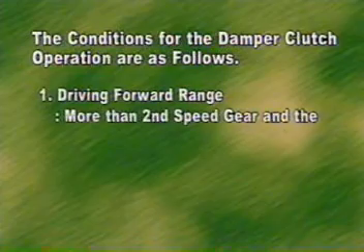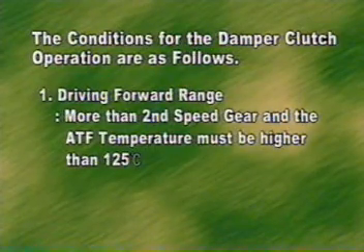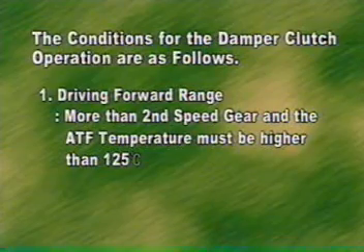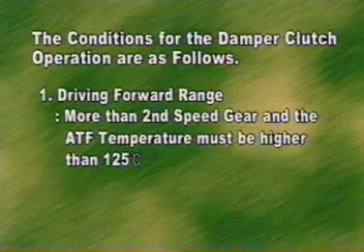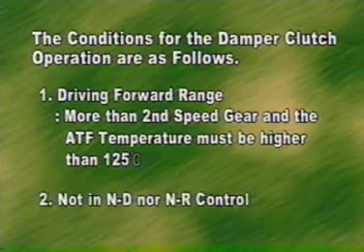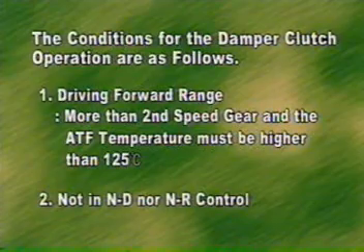The conditions for the damper clutch operation are as follows. Driving forward range, more than second speed gear, and the automatic transaxle fluid temperature must be higher than 125 degrees centigrade. Not in N to D, nor in N to R control.